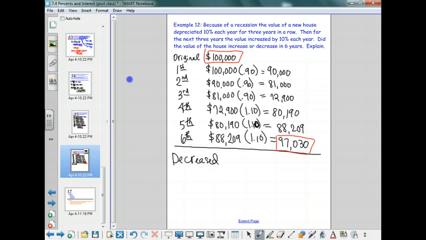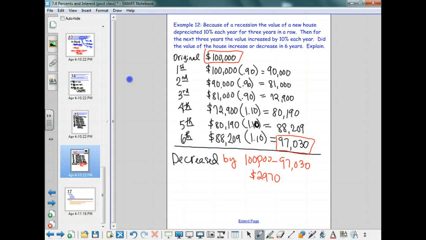How much money did we lose in the value of the house? It decreased by 100,000 minus 97,030, which was $2,970.